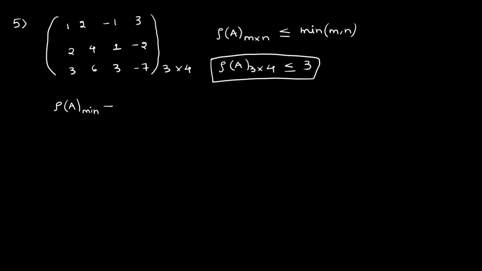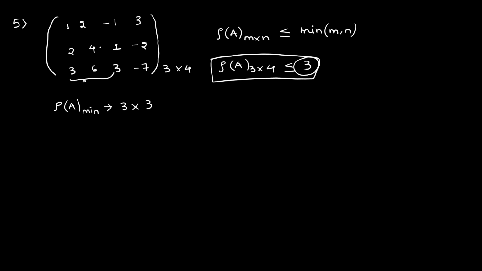Okay, the first possible minor is, as the rank is at most 3, we need to check 3 into 3 first. Let's take all the possible 3 into 3 matrices. So what are the possibilities?